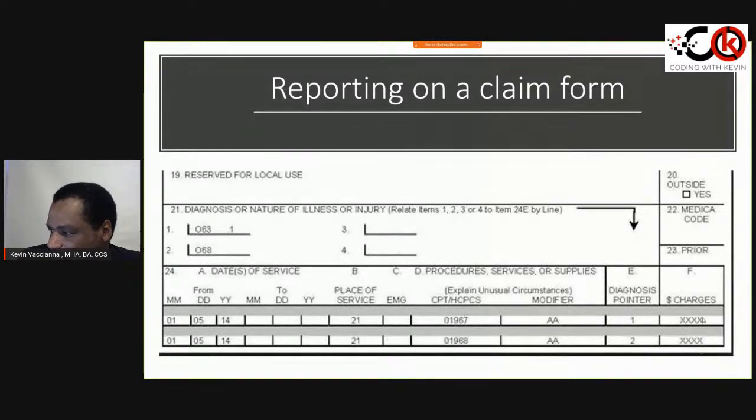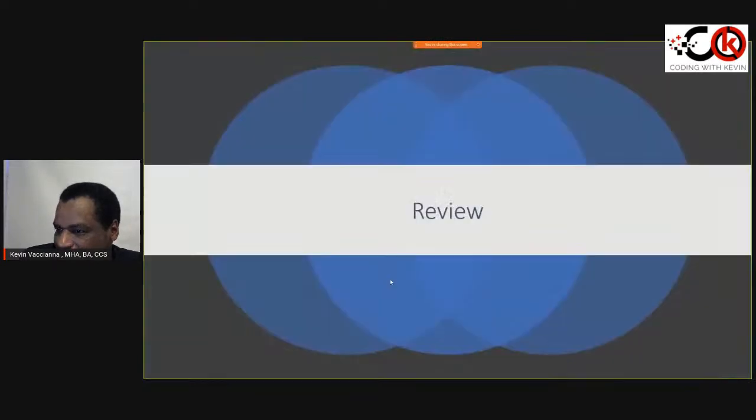And then whatever dollar amount it is would be over here. And that's it. Any questions when it comes to that? Any questions? Okay. With that said, let's keep it moving.